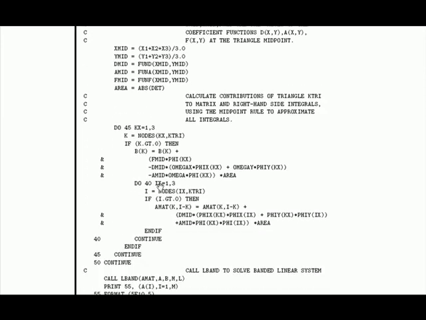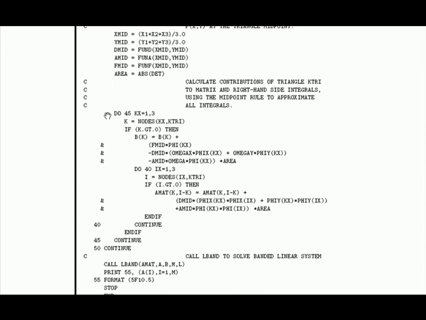And here we actually calculate the contribution of this triangle, triangle K, to any of the right-hand side elements BK and any of the matrix elements Ki. And notice the formulas. BK, the contribution of the triangle, actually triangle KTRI, to all the K's which are non-zero in that triangle.